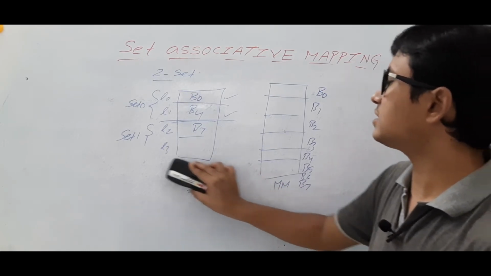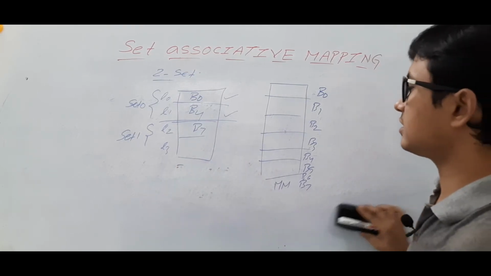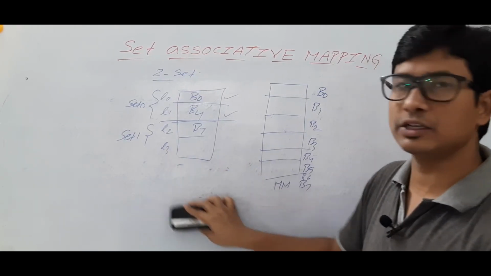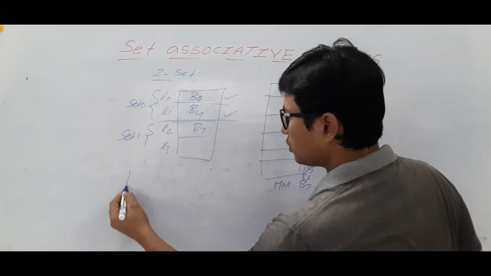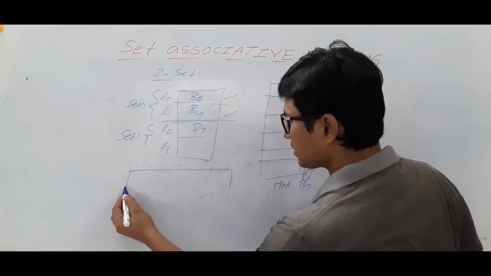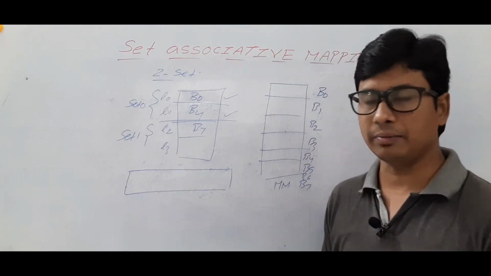Now let me discuss how the physical address is divided, or classified, in the set associative mapping. As you know, the physical address basically consists of block offset and block number.